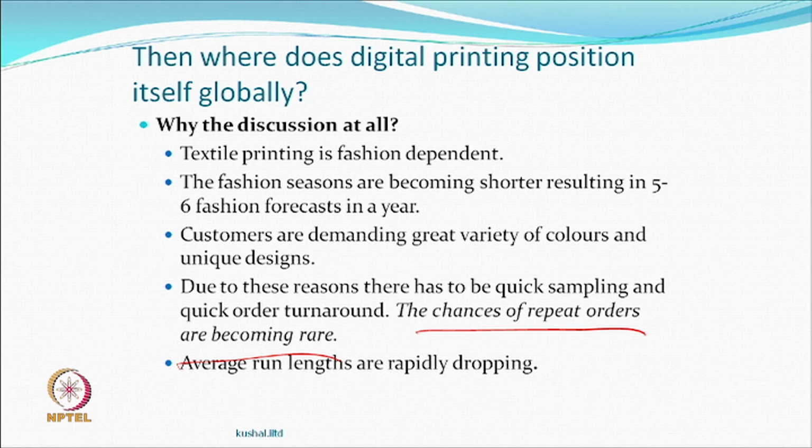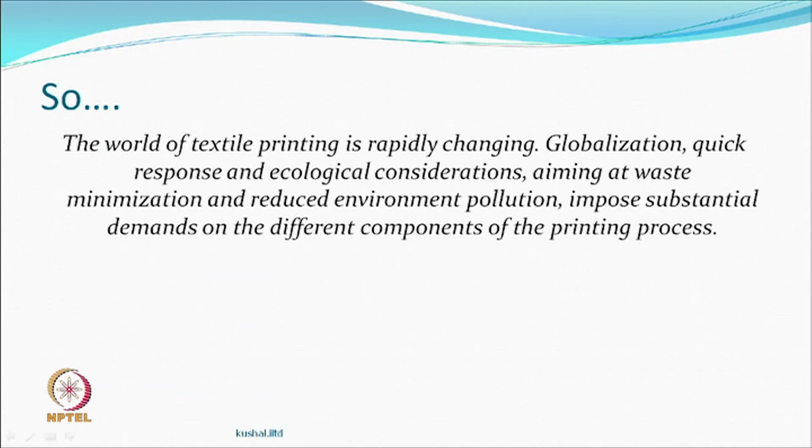Average run lengths are rapidly dropping. So, if somebody says, please give me 50 meters printed, no other technology will try to give you 50 meters. So, we have a hope. The hope is that textile printing is rapidly changing with globalization, quick response, ecological considerations.